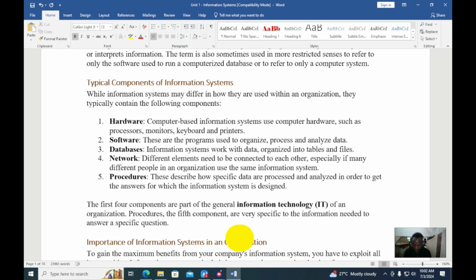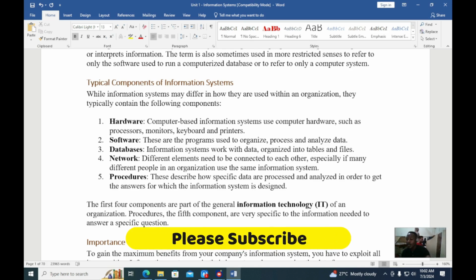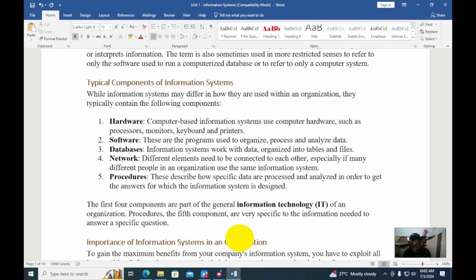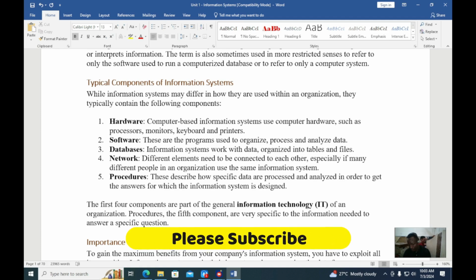For us to be able to share the information and have it used across, we need to have devices connected to each other. For us to connect devices, people, departments or even organizations, we need a network.